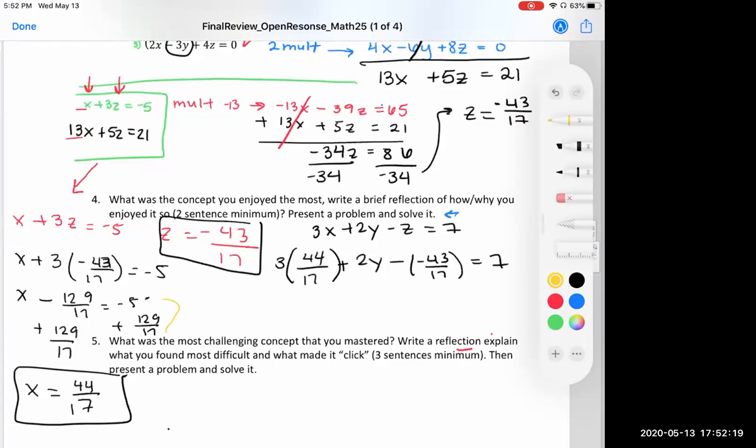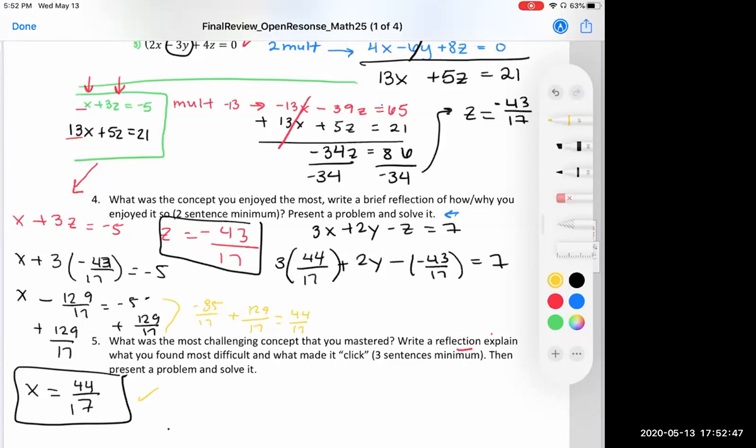So 5 times 17, I have -85 over 17 plus 129 over 17. And that gives us 44 over 17, which is how we got here. My mistake was that I didn't consider that negative.